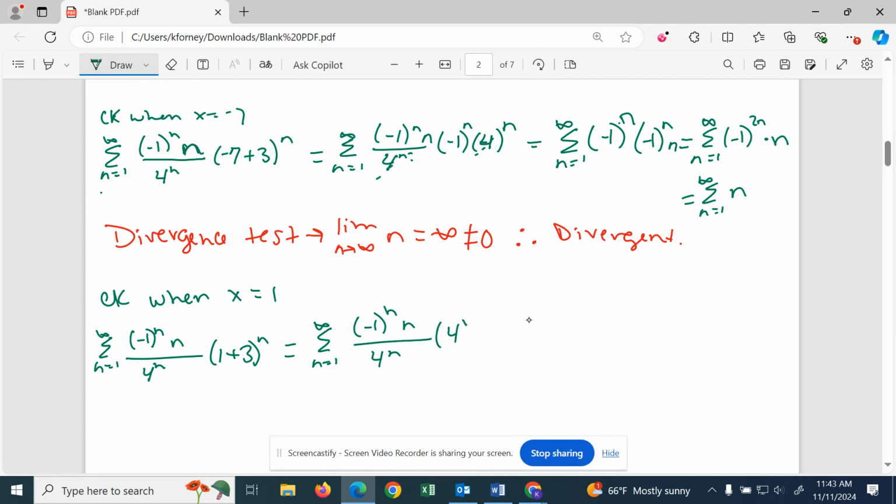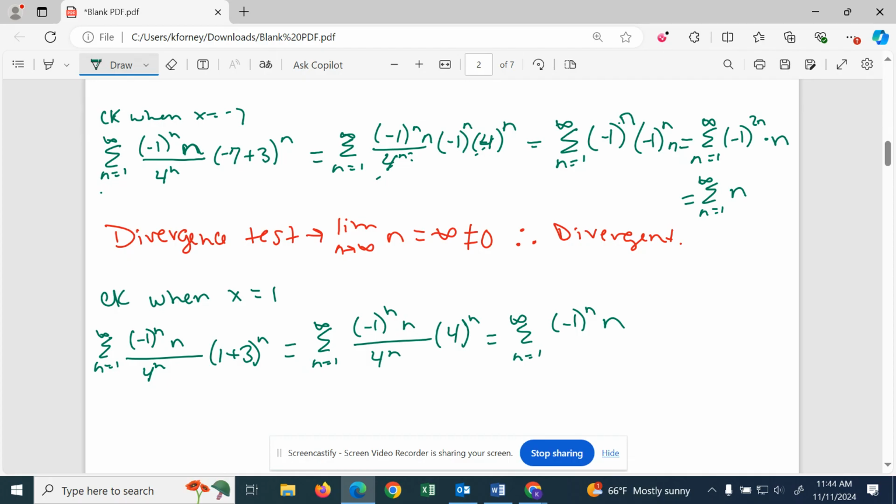We can simplify this. That becomes 4 to the n, so our 4 to the n's cancel. And that gives us negative 1 to the n times n.